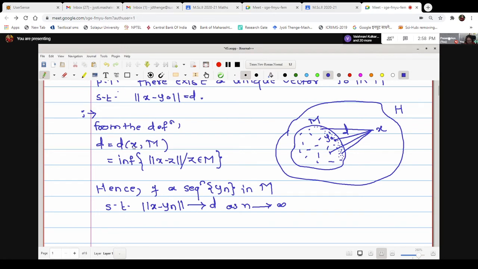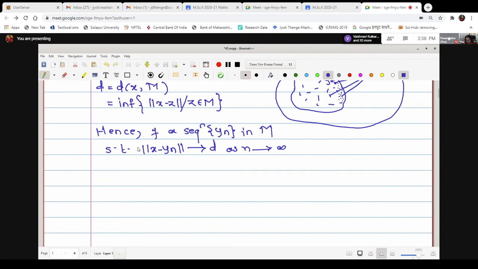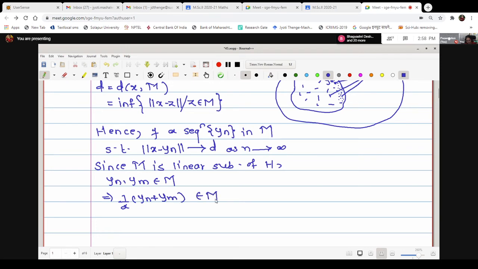But what is given to us? M is a linear subspace. Here I'll write: since M is a linear subspace of H, therefore yn, ym belongs to M implies half times yn plus ym also belongs to M. Correct now?